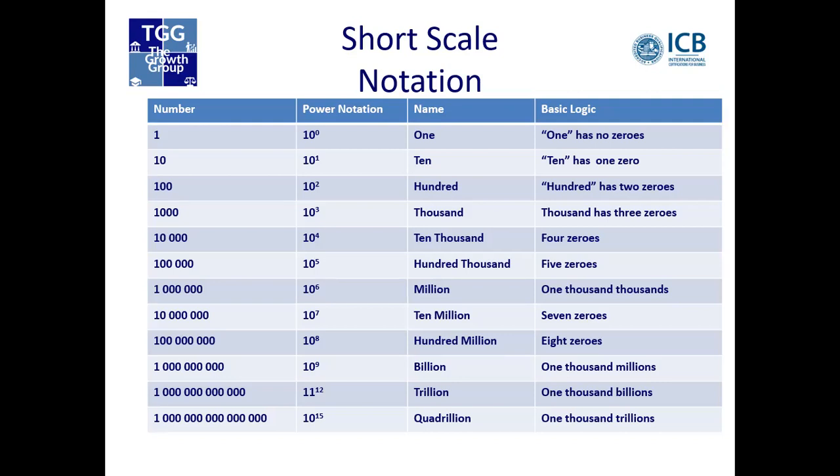Let's look at the number 10,000, for instance. 10,000 we write as 10 to the power 4. And the basic logic is that there are 4 zeros in 10,000. Same if we look at a million. A million has 6 zeros. Because it has 6 zeros, we're going to write it as 10 to the power of 6.